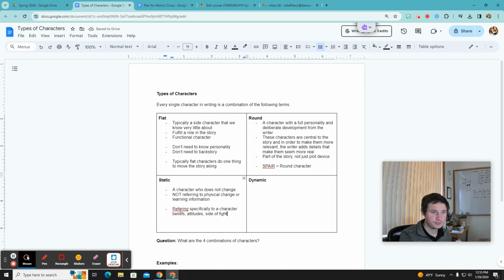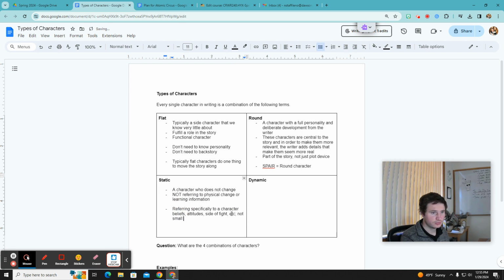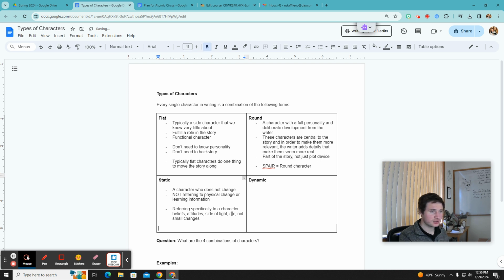Okay, not small changes. Okay. So a static character does not change. Static characters stay the same throughout the story.